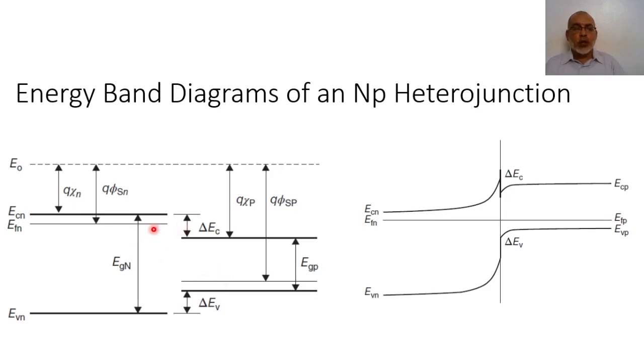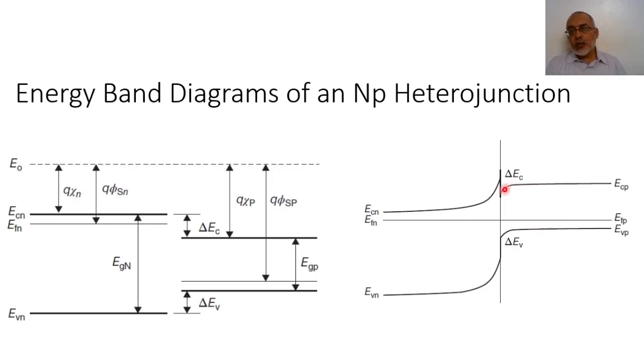When they are connected to each other, the Fermi level of the two semiconductor pieces will be the same. So the conduction band of the N type will look like this, and the conduction band of the B type would look like this, and here the energy band of the N type, and here the energy band of the B type. It is interesting here because the band gap here is greater than the band gap here.